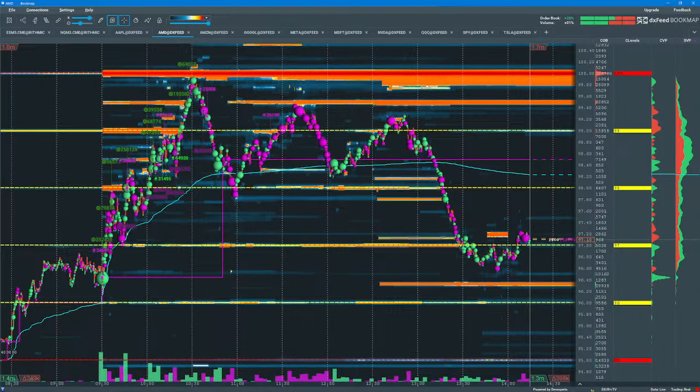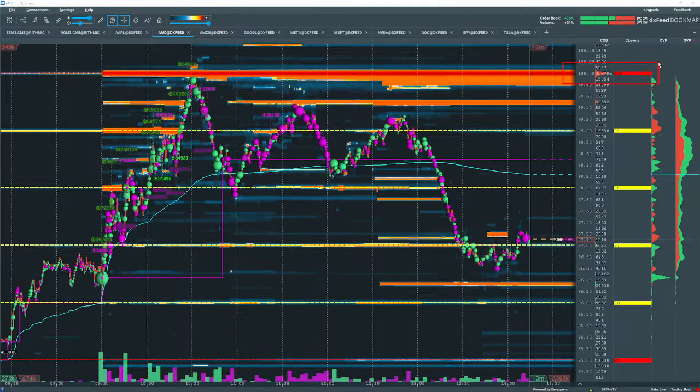So here's the quick move up to the 100 call wall.